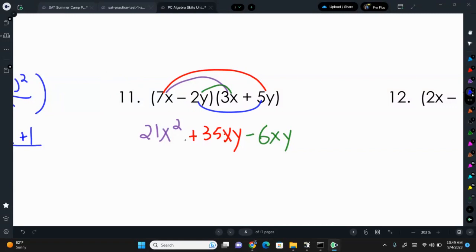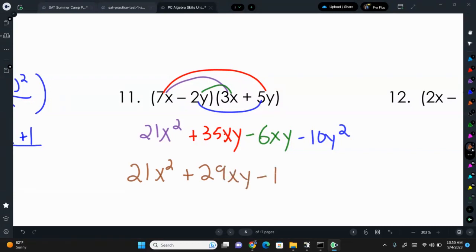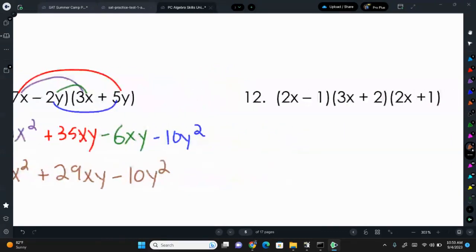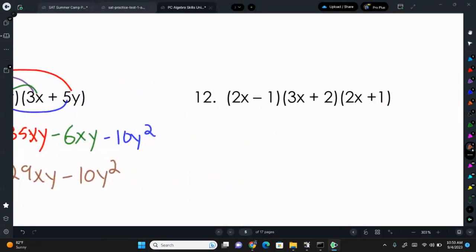And then lastly, negative 2y times 5y is going to be negative 10y squared. We'll combine our like terms to give us 21x squared plus 29xy minus 10y squared.